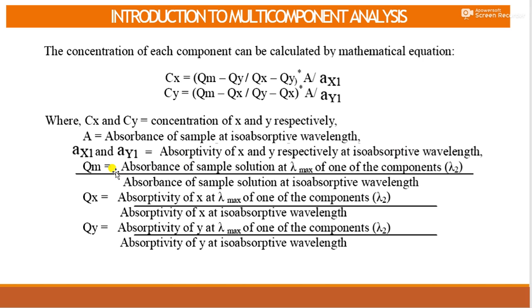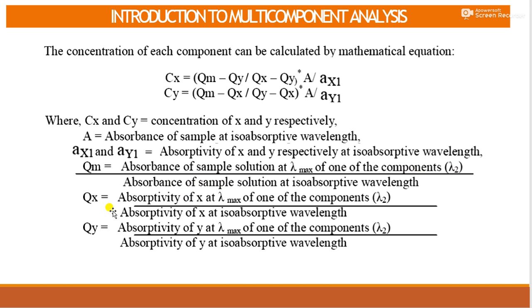Qm is the ratio of absorbance of the sample solution at lambda max of one of the components, that is lambda 2, and absorbance of the sample solution at the isoabsorptive wavelength, that is lambda 1.